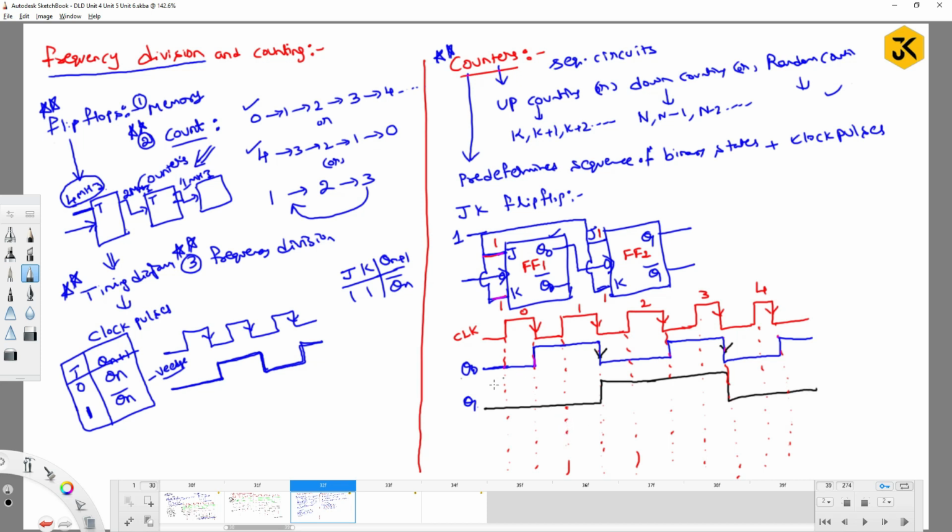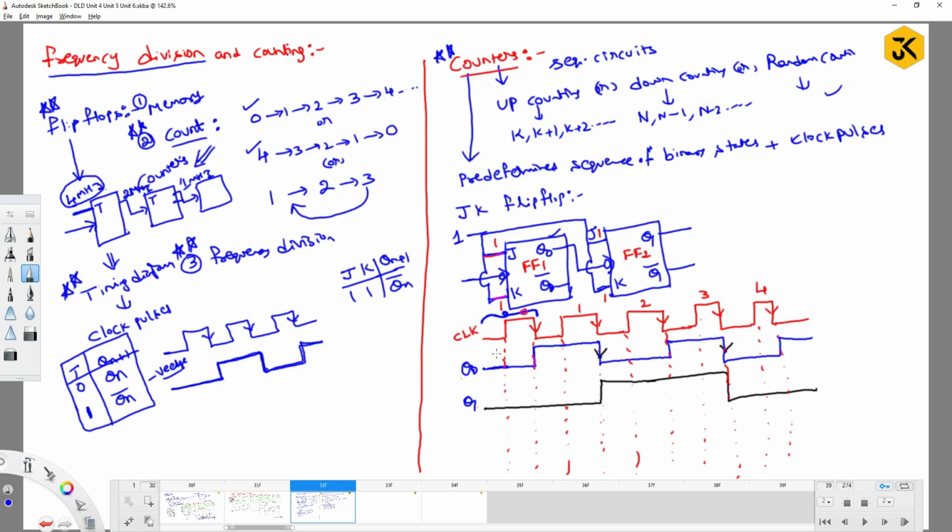Yes guys, so this is Q0 and this is Q1. If you observe clearly, this is one clock signal, or we can say this is one time period. So the time period has one clock.